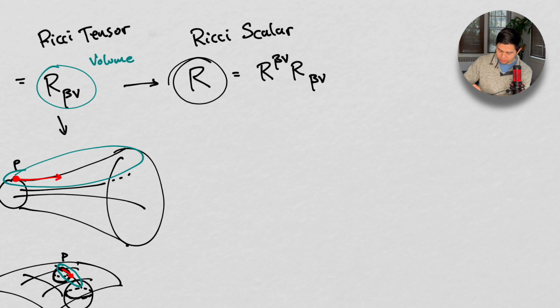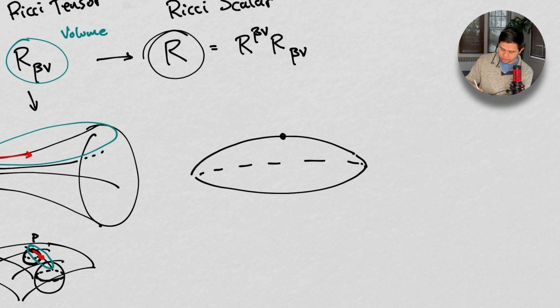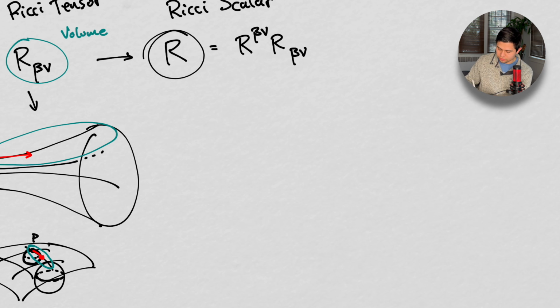is going to tell us something about areas. So how the area of some sphere deviates from, actually I'll draw it like this. Suppose we have a sphere.